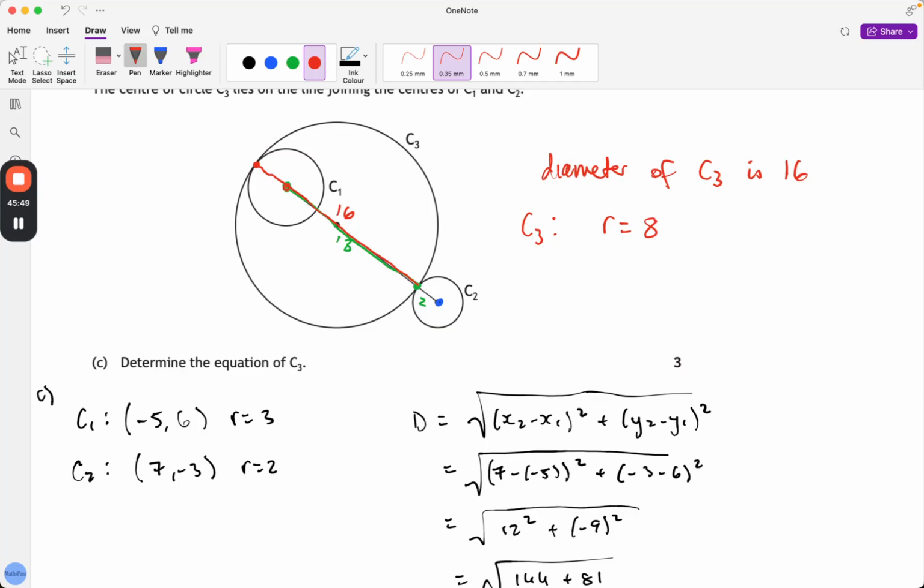Nice. We can also try and determine our centre point as well, because we need two things for the equation of a circle. We need our radius, and we also need our centre as well. What we can do is think about the fact that, again, our full thing is 16 from here to here.